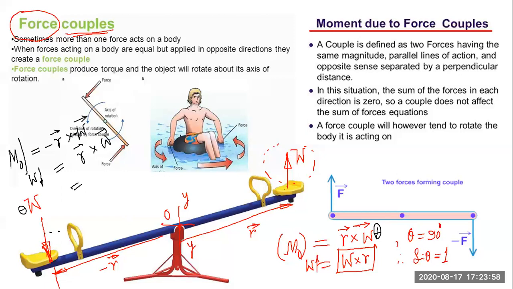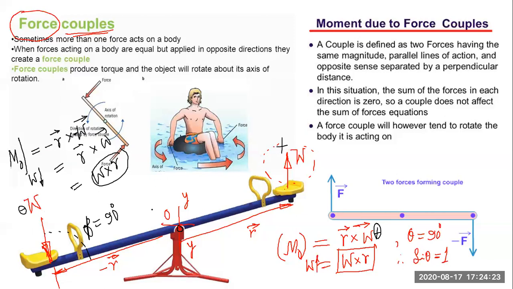Now the angle phi between R and W is again 90 degrees. So W into R, same. So what is the net moment at point O due to the combination of this plus W and minus W? That means two equal forces in opposite directions.